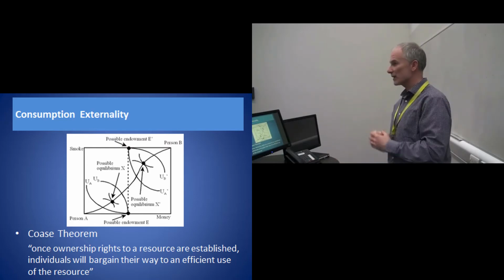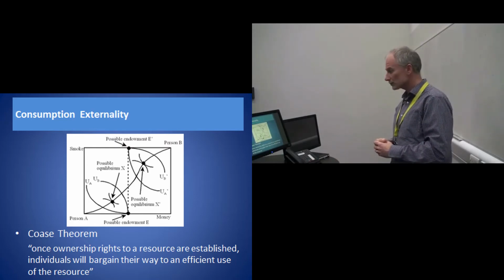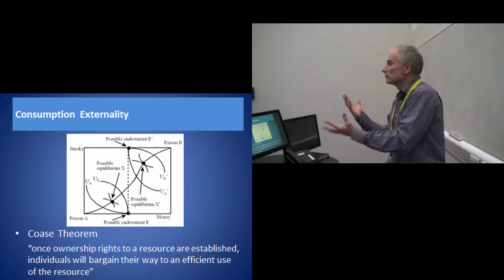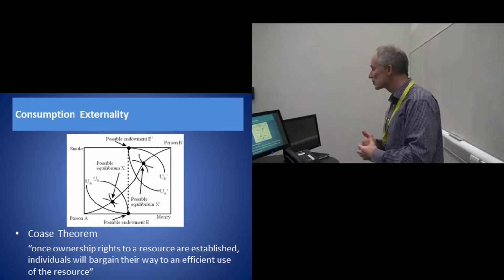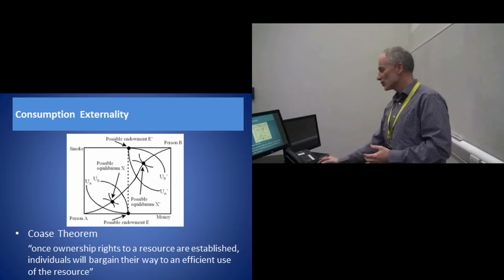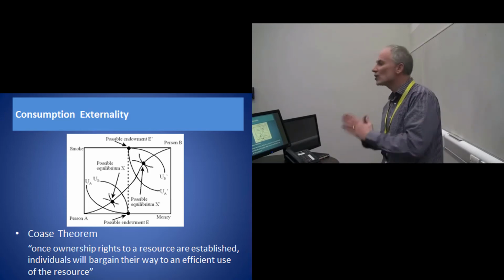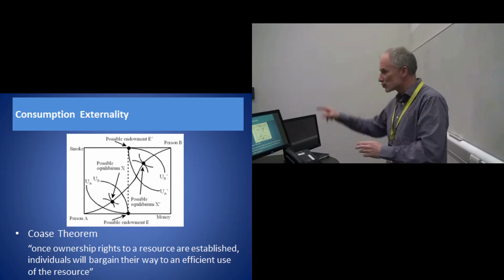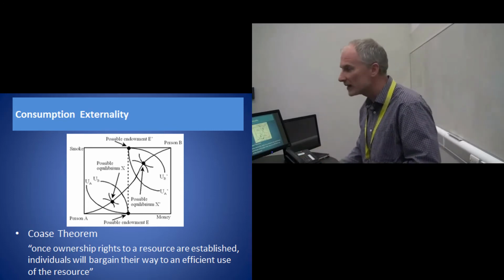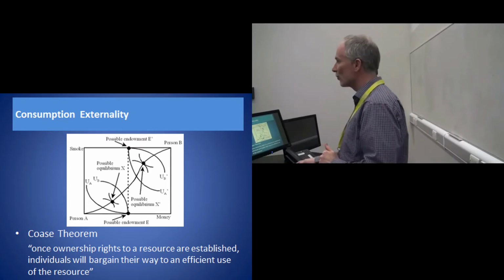So now we've established property rights. Individuals can trade these goods amongst themselves. And once they do that, what they will do is bargain their way to an efficient use of the resource. The outcome that we get is Pareto efficient.